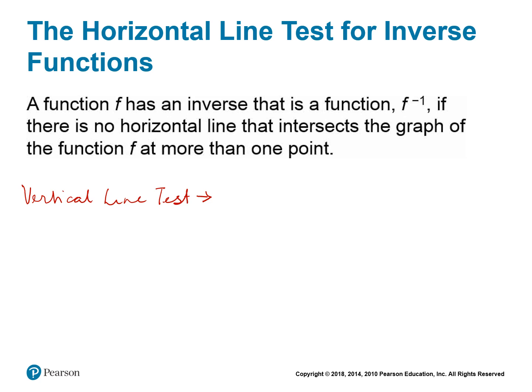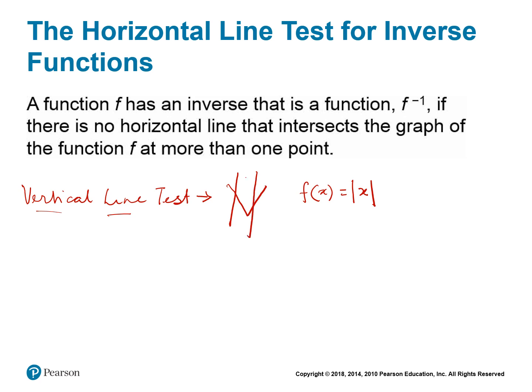So let's say we were given a function f of x equals absolute value of x. This is our function, and we want to determine from its graph whether it is that of a function or not. So the graph of the absolute value function is a V-shaped graph looking like this. And what is the vertical line test? It tells us to draw some vertical lines through this graph.